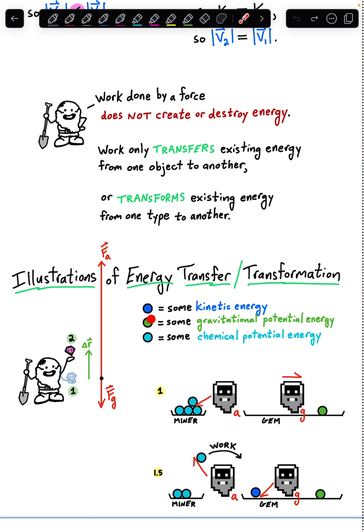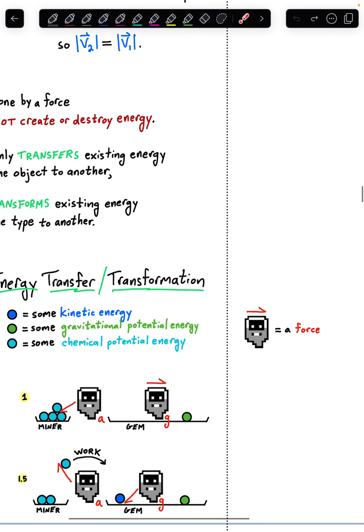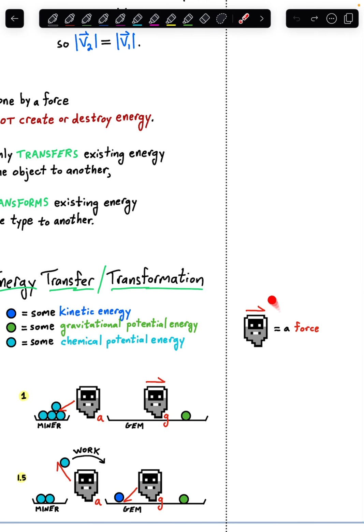These orbs represent different types of energy. A blue orb represents some kinetic energy. A green orb is going to represent some gravitational potential energy. A cyan orb is going to represent some chemical potential energy. And this little icon here, this pixelated dwarf face icon, is going to represent a force.